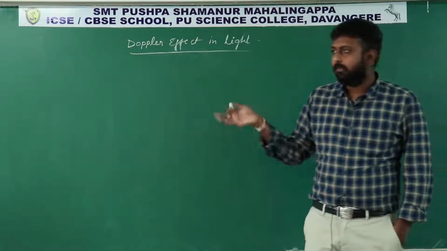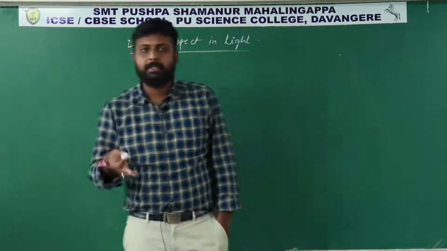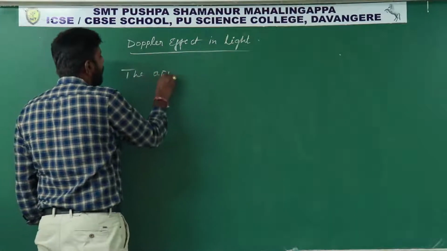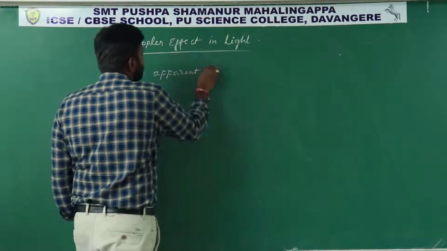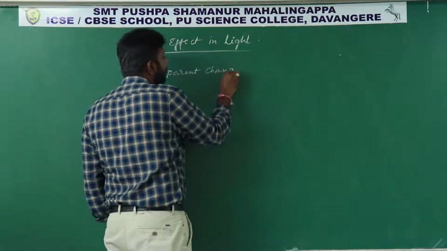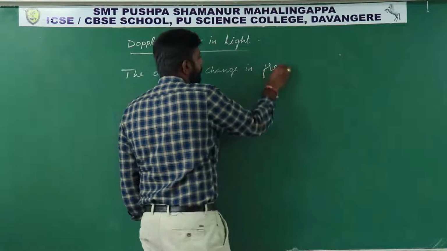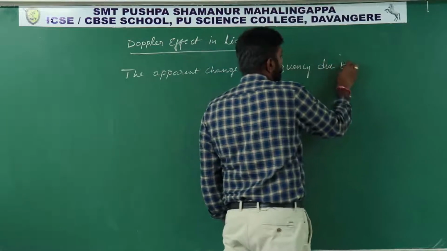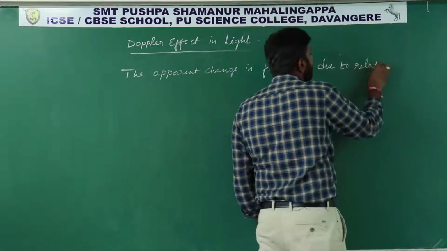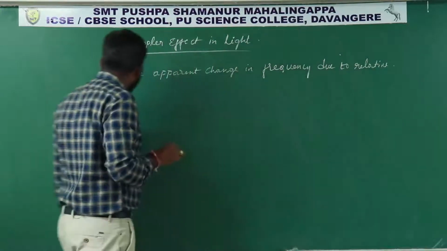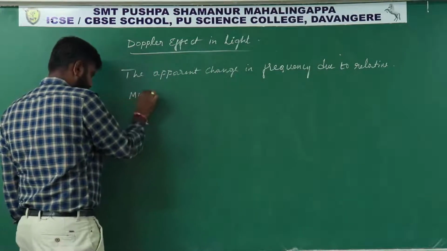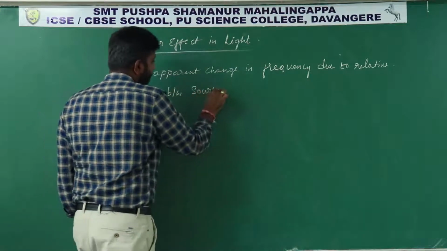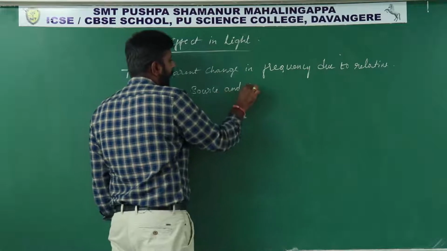So here also we will define the same Doppler effect in light, which means we can define the apparent change in frequency due to relative motion between source and observer.